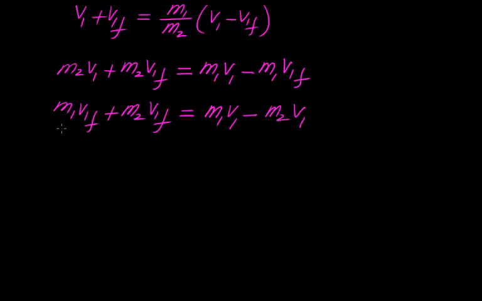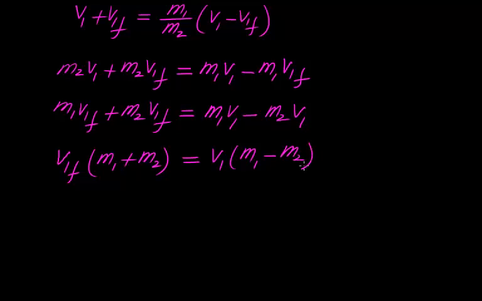Now let's factorize v1 final from the left hand side terms: v1 final times m1 plus m2. Factorize here the v1 from the right hand side terms. It becomes v1 times m1 minus m2.